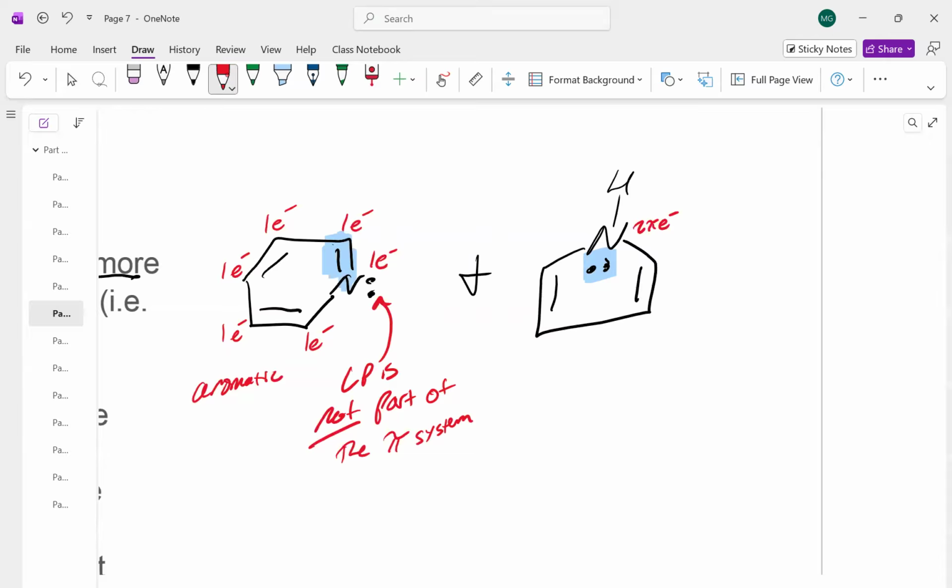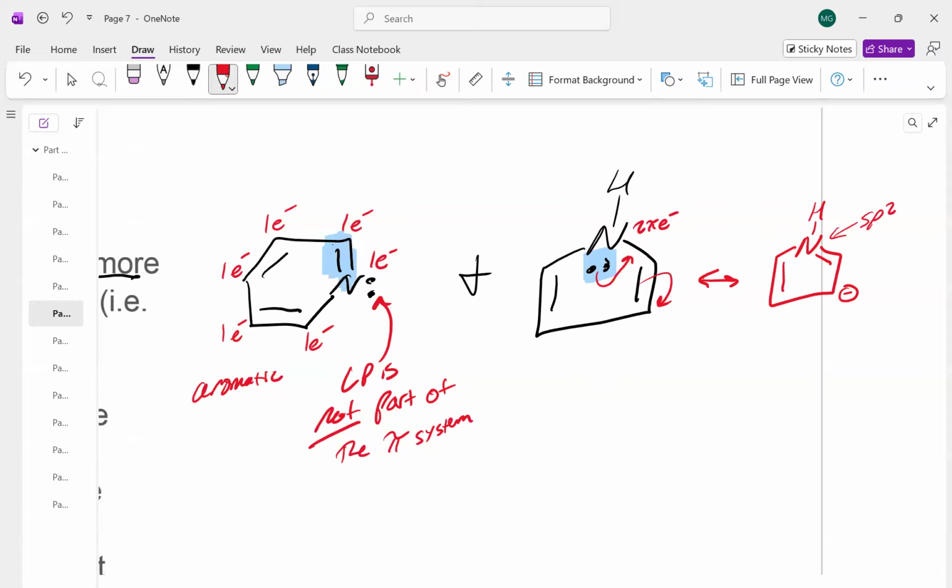You say, well, wait a second, doesn't that nitrogen have to be sp2 hybridized? Think about that for a second. Is that nitrogen sp2 hybridized? What if I were to do something like this? Through resonance, what is the hybridization of that nitrogen now?